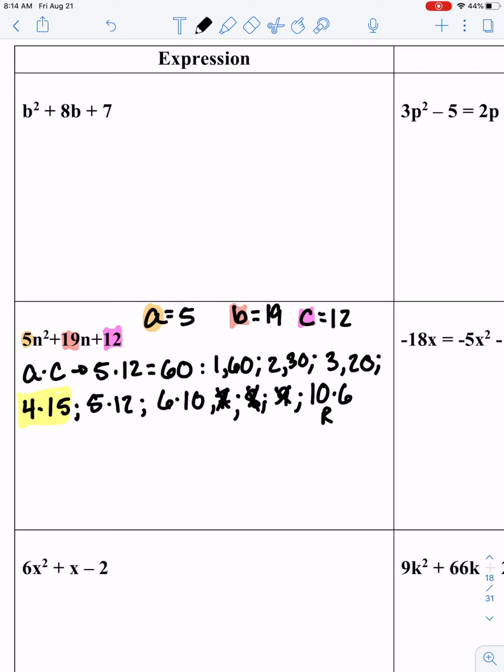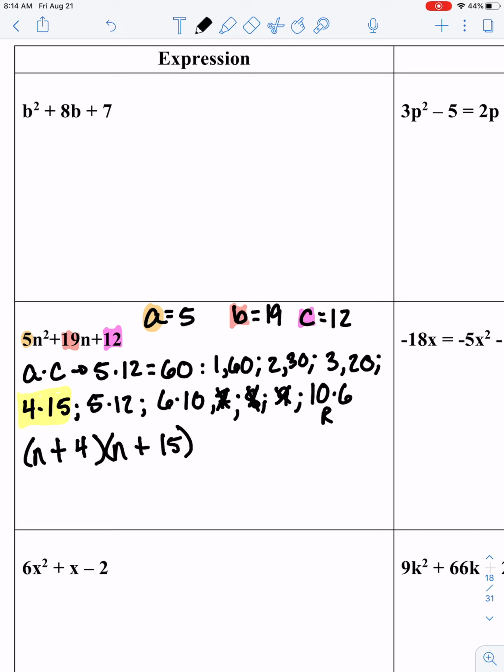So this is where I kind of stumbled in the explanation. Once you find two factors that multiply to give you 60 and add to give you 19, or your B value, you then set up two sets of parentheses. You then put your variable at the front of the parentheses, and then the signs of these factors needed to get to B. So both of these were positive in this case, n plus 4, and then n plus 15.